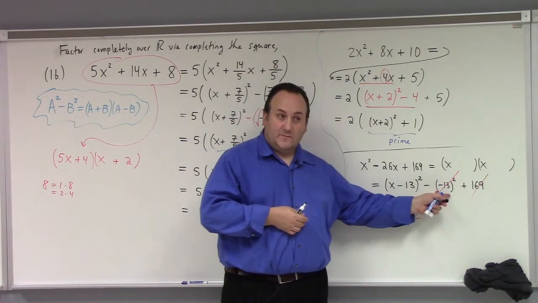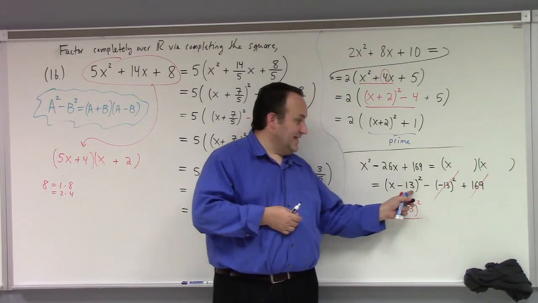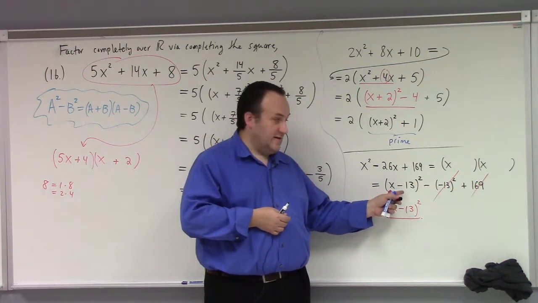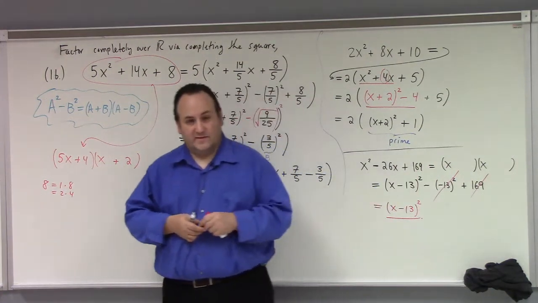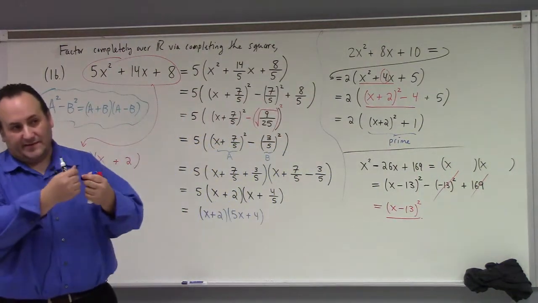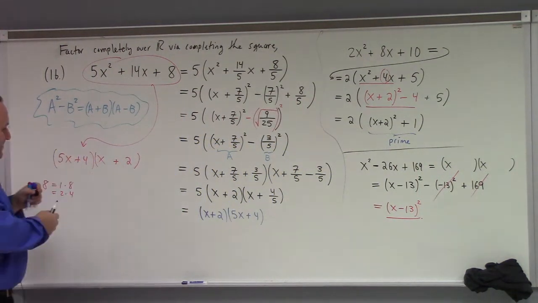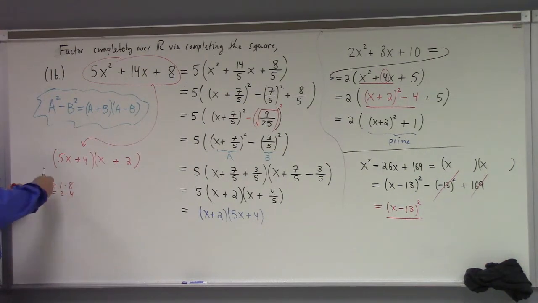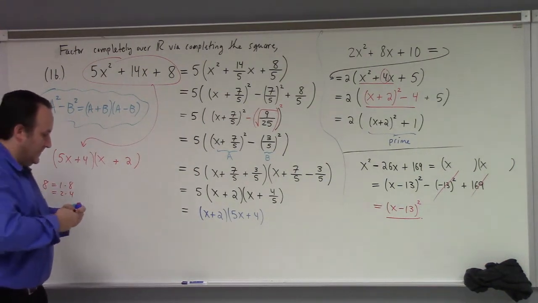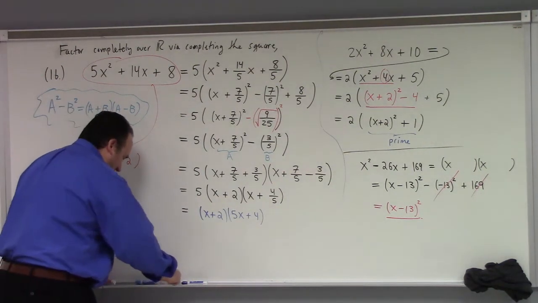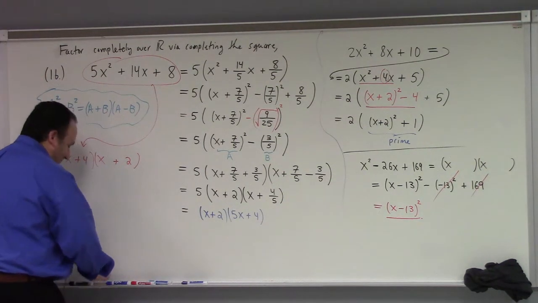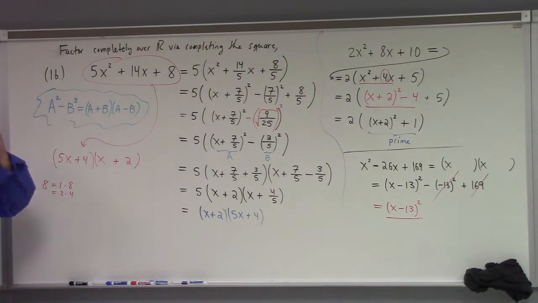I didn't need to know that 13 squared was 169 to make this step, but I do need to know that 169 is 13 squared to factor, because the first step of factoring is understanding how the constant term breaks up into pieces. So I am trying to urge you, make completing the square part of your mathematical tool set, because it can get you out of a lot of corners, all right? Any questions?